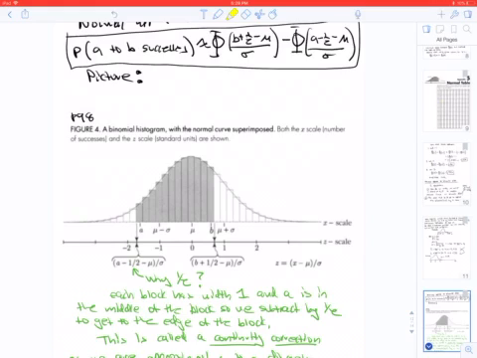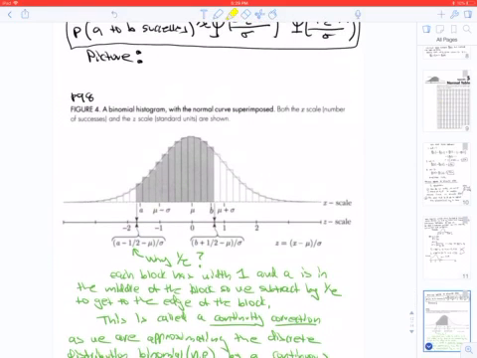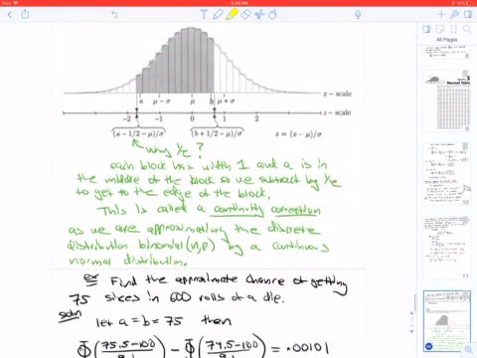So we have a half on either side of the integer. So we actually want to find the area from A minus 1/2 to B plus 1/2, and then we normalize by subtracting mu and dividing by sigma.